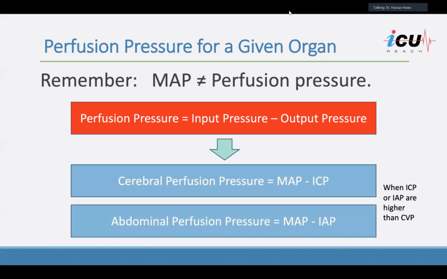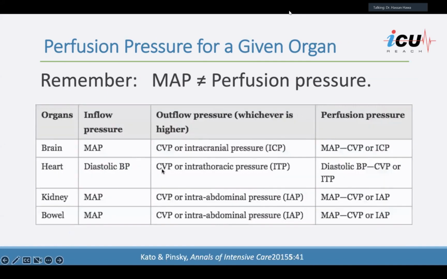In conditions such as abdominal compartment syndrome, abdominal perfusion pressure is the MAP minus the intra-abdominal pressure, when the intra-abdominal pressure is higher than the CVP. This is all established in a nice article by Cato and Pinsky.